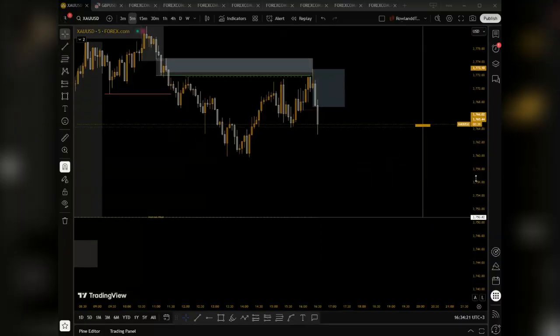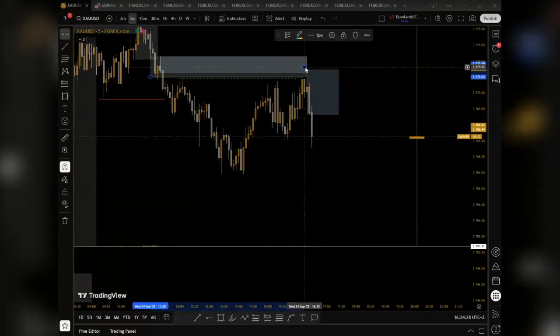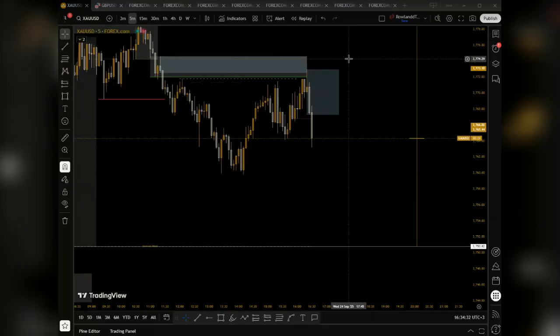Let's see. Okay, that's some nice bearish reaction right there.